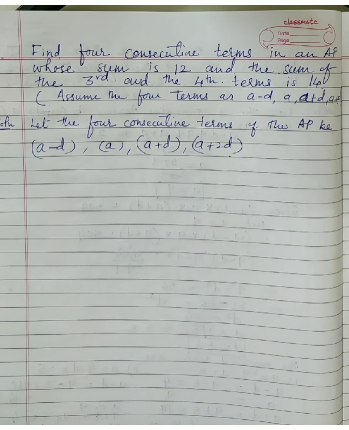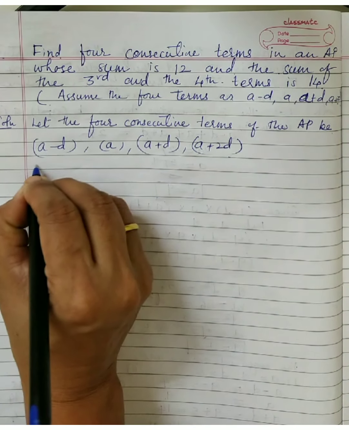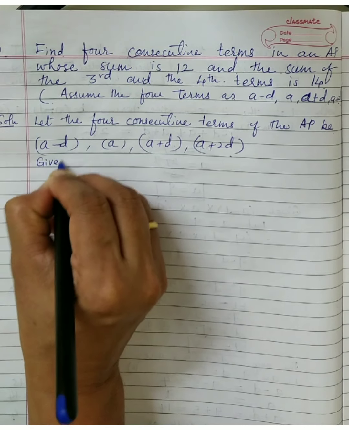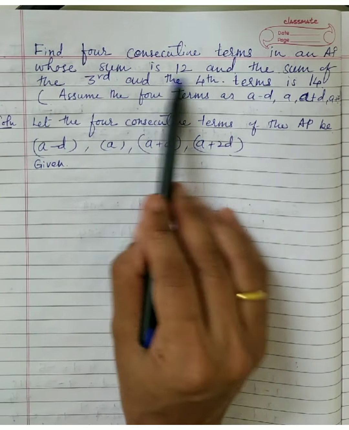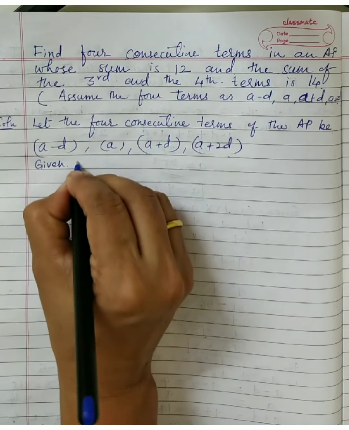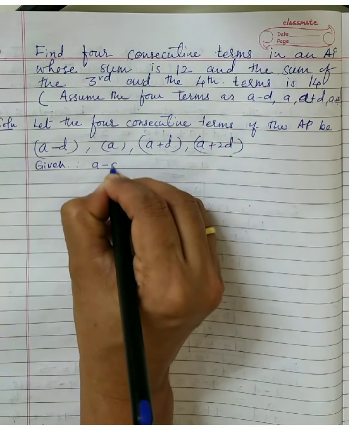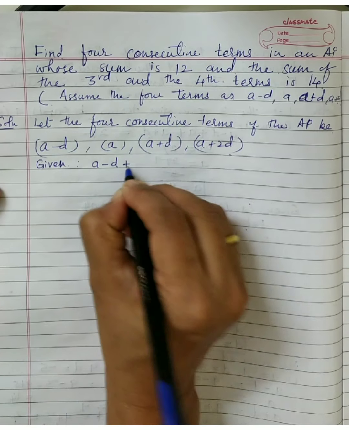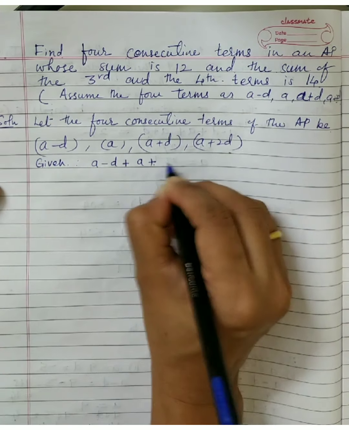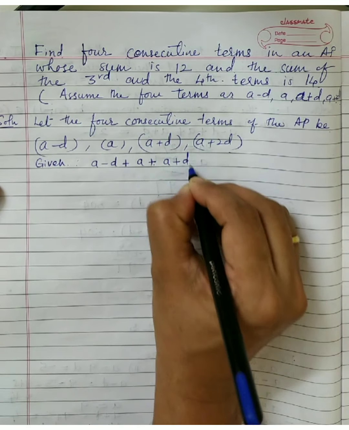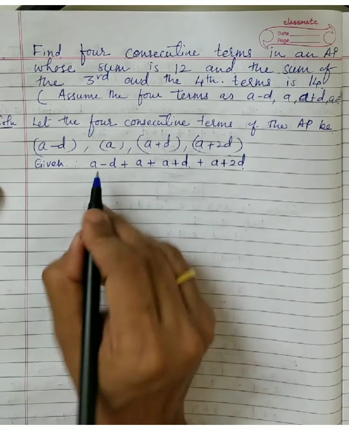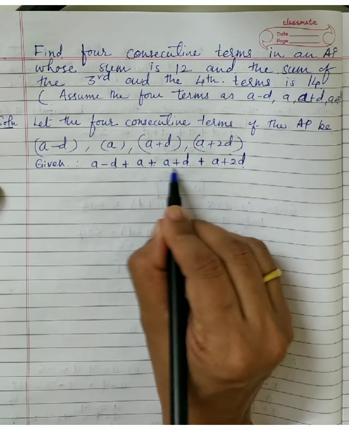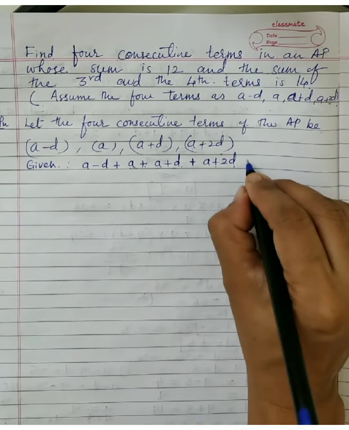Okay. Now let's go for the conditions given here. First condition is what? Whose sum is 12. So a minus d plus a plus a plus d plus a plus 2d. First term, second term, third term and fourth term.